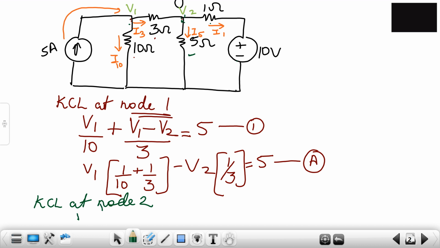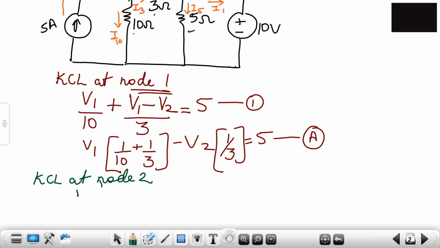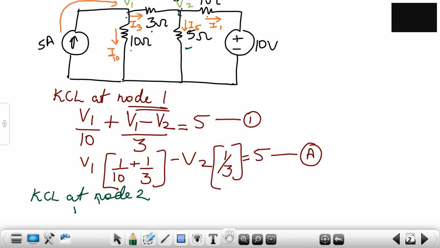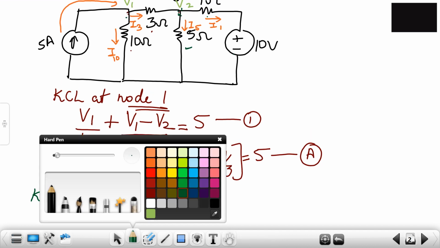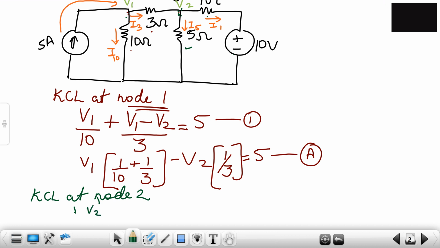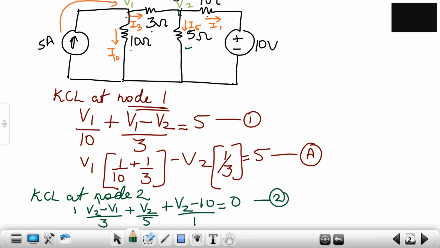So let's write it down: (V2 minus V1)/3 plus V2/5 plus (V2 minus 10)/1 is equal to 0. This is your second equation.